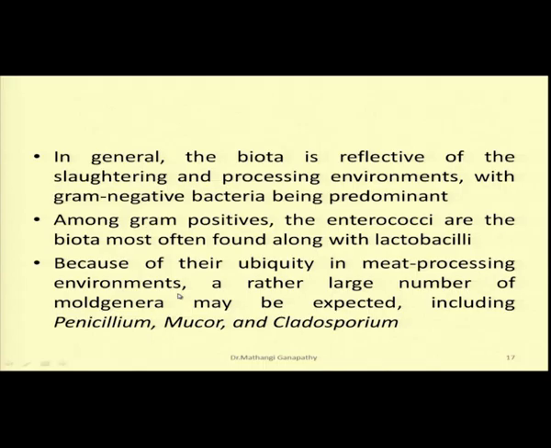Normally it is the gram-negative organisms which predominate in such a scenario. You do have some gram-positives which grow. The enterococci are the ones more often found, along with lactobacilli. Because of the ubiquity in meat processing environments, you see a large amount of molds, including Penicillium, Mucor, and Cladosporium.